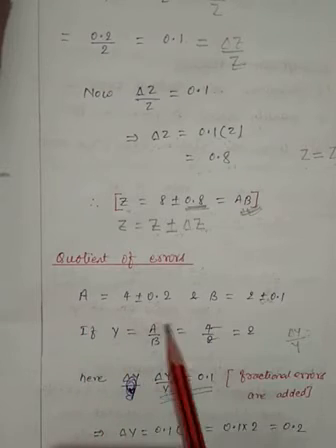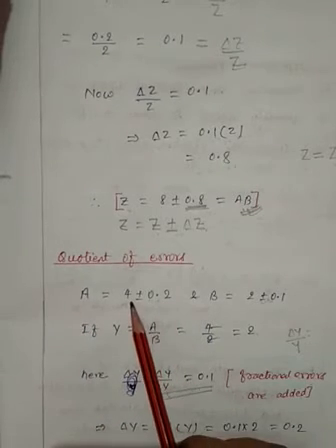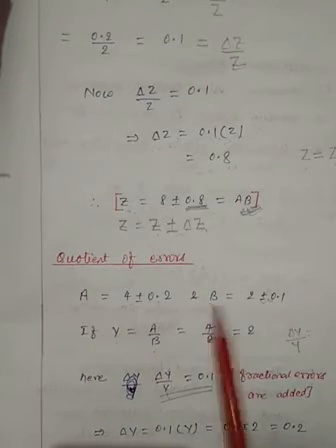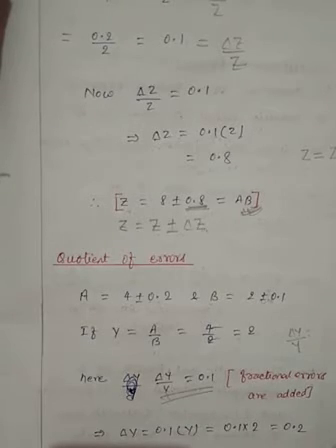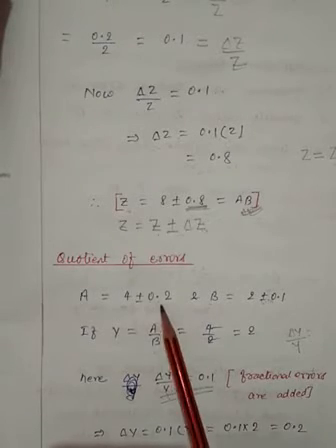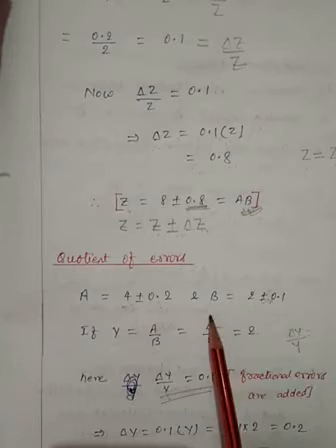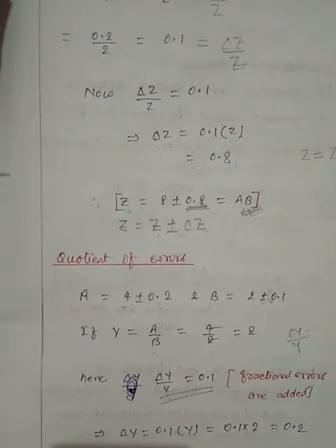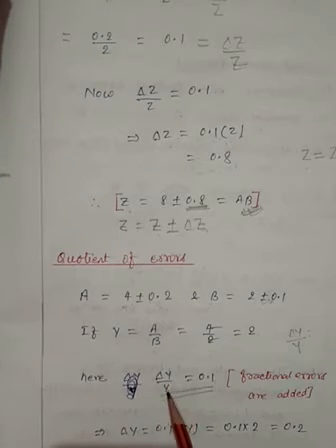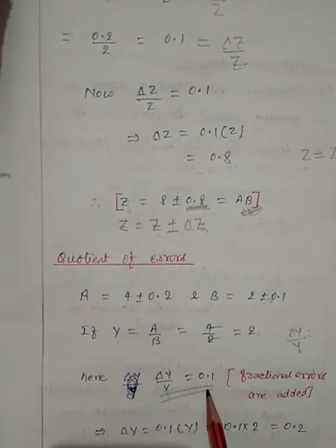So for a the relative error is 0.2 by 4, for b the relative error is 0.1 by 2. So fractional errors are added, that means 0.2 by 4 plus 0.1 by 2. Earlier it is already solved, it is 0.1. So now I hope I am clear. So the relative error in y is 0.1.